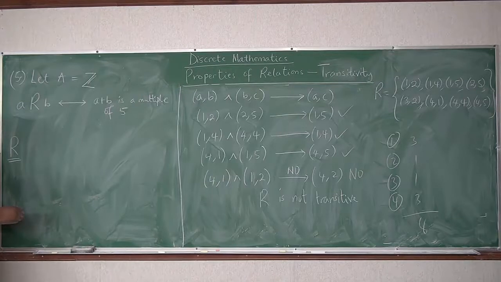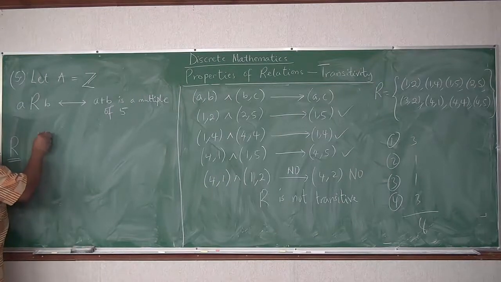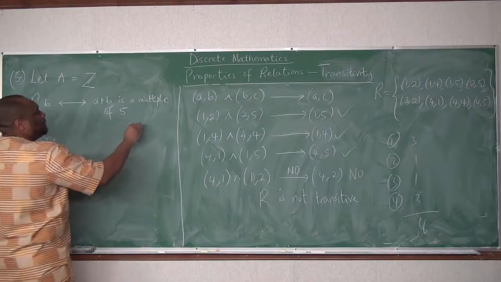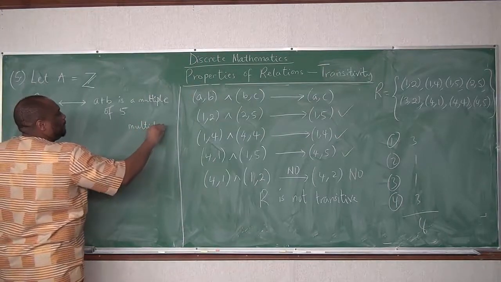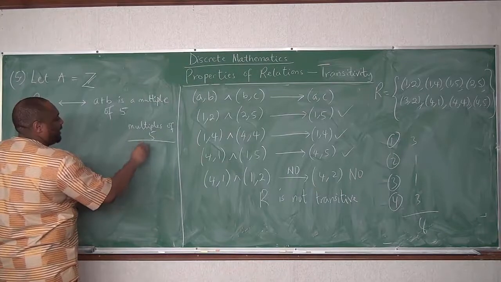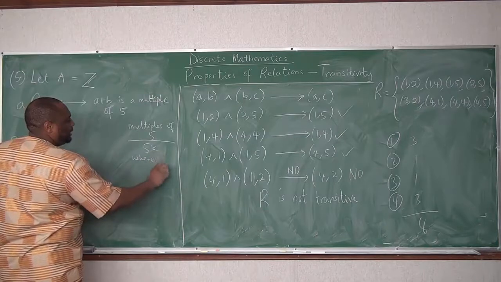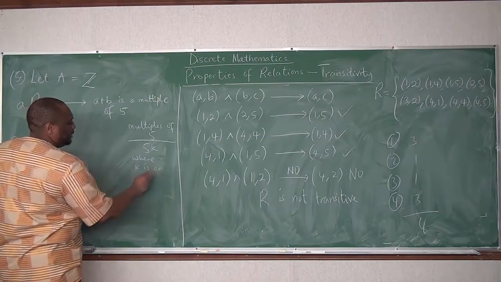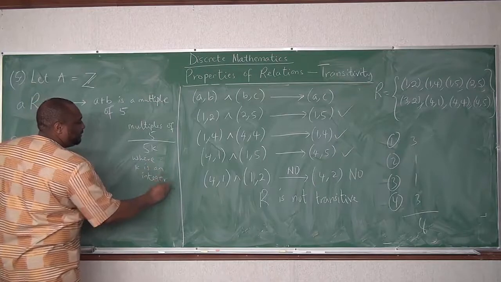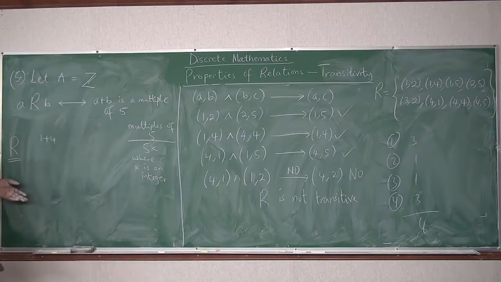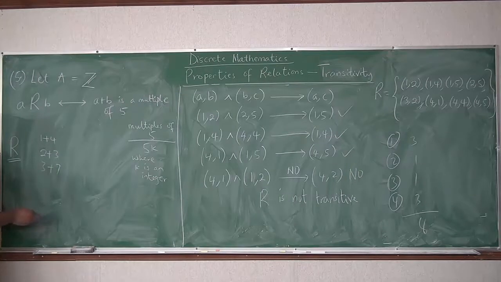So we could have 1 plus 4, and multiples of 5 are like 5k, where k is an integer. So it could be 5, 10, 15, 20, 25, 30. So 1 plus 4 is a multiple of 5. 2 plus 3, 3 plus 7, I'm just giving examples.